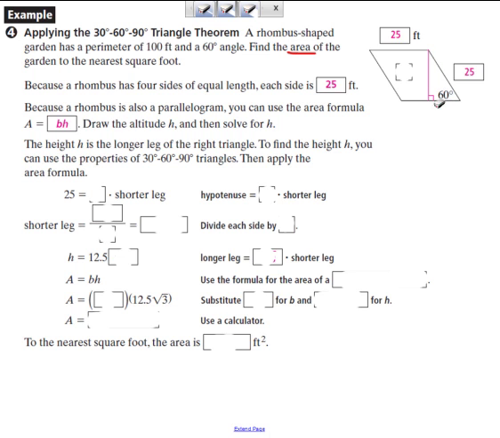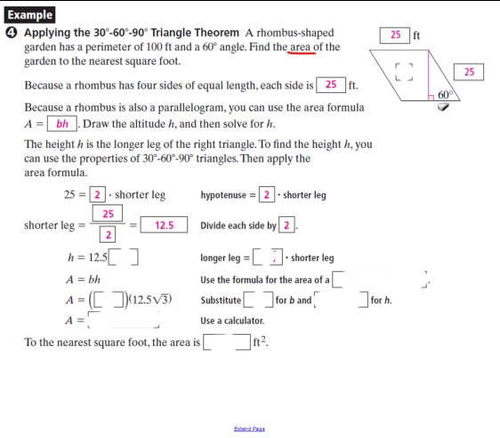Well, if our rhombus has a 60-degree angle, and we draw this height, the height's going to be at a 90-degree angle. This is a 60-degree angle. That means that must be 30. There's our 30, 60, 90 triangle. So take the hypotenuse. The hypotenuse is twice the shorter leg. So if we look at 25, divide both sides by 2, we get 12.5 for the shorter leg, so that's for this little piece down here.